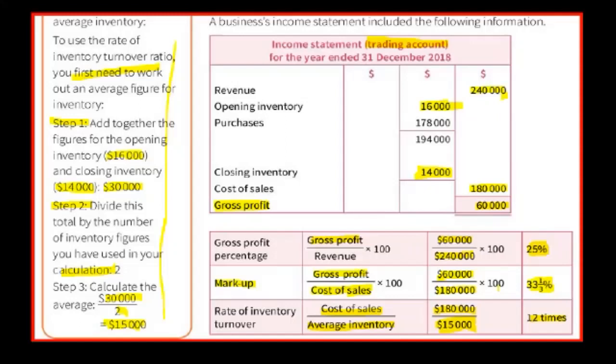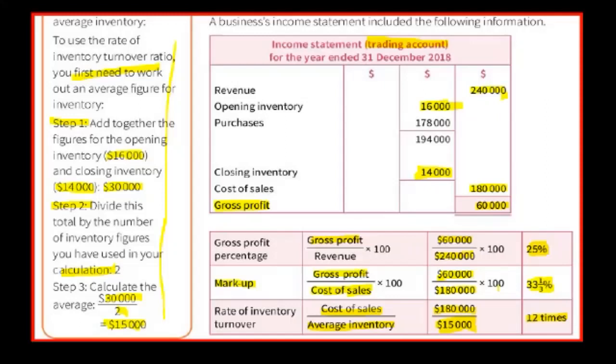And it's a number of times, right? Anytime you divide one item by itself, here dollars divided by dollars, you get a number of times, and we don't multiply it by 100. If we multiplied by 100, it would give us a percentage, and that percentage wouldn't be so meaningful as 12 times.